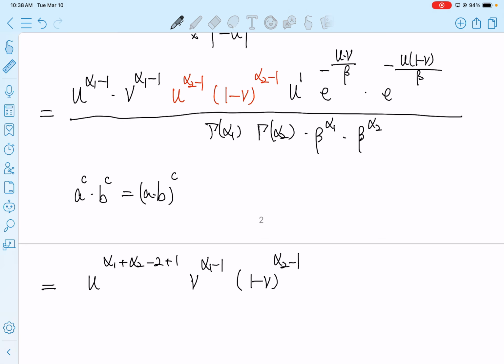And the other one we're going to use is that e raised to the power of a multiplied by e raised to the power of b is equal to e raised to the power of a plus b. Okay? That's just the two formulas we'll be using. Okay, so the second one is how we're going to handle the exponential terms.